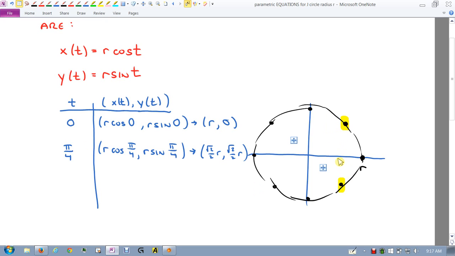Do they come from the same t? No. See, this point comes when t was what? Pi over 4, right? Here t was pi over 4. And this one would come when t was what? 7 pi over 4. And since they come from two different places, you don't have the same input going to two different outputs. Now, what happens when I get to 2 pi?